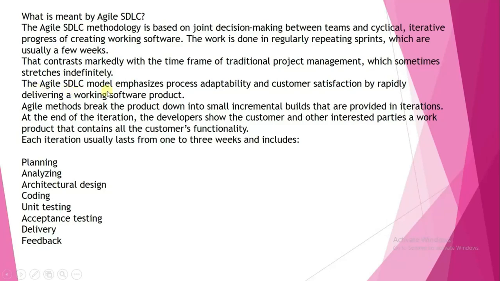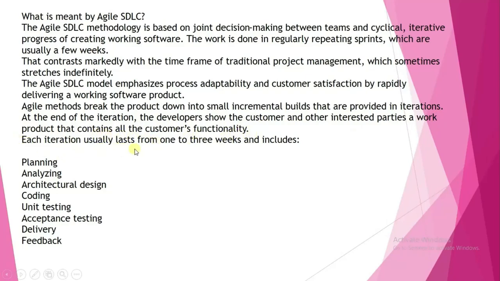The Agile SDLC model emphasizes process adaptability and customer satisfaction by rapidly delivering a working software product. Agile methods break the product down into small incremental builds that are provided in iterations. At the end of the iteration, the developers show the customer and other interested parties a work product that contains all the customer's functionality.